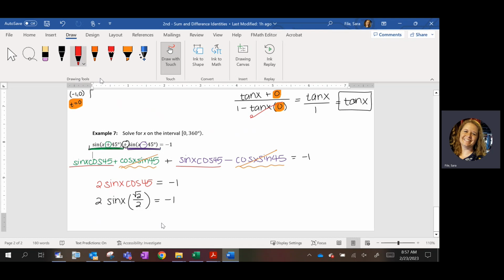What can I simplify on the left side here? Yeah, I've got a 2 being multiplied and a 2 being divided in another factor. So those 2's reduce with each other. Over here, so now I've got square root of 2 times sine of x.